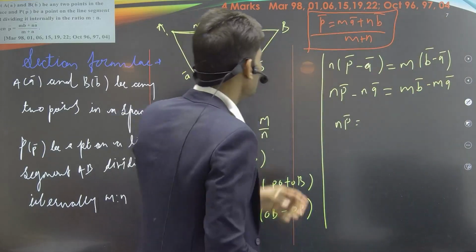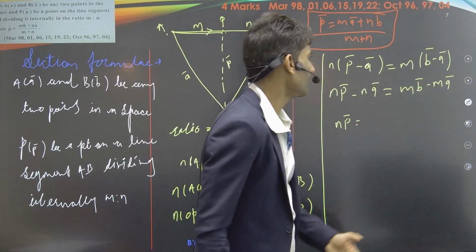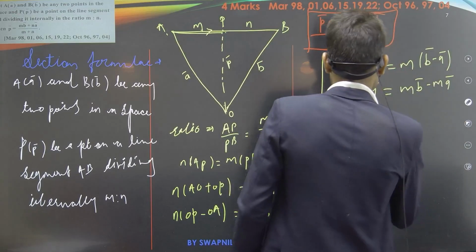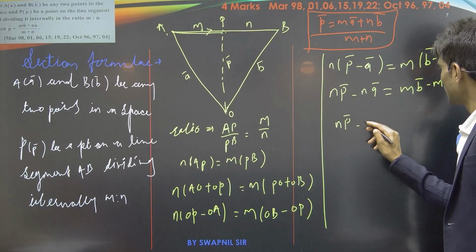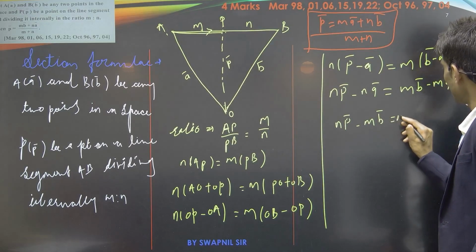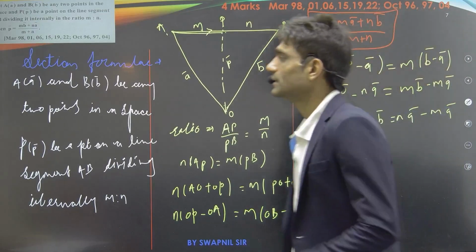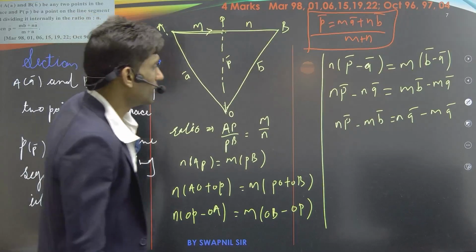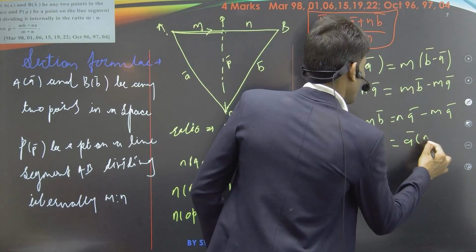So n P bar minus n A bar, m B bar minus m A bar. Take m B bar here, so we will get n P bar minus m B bar, n A bar minus m A bar. I can write this one, take the A bar common, n minus m.